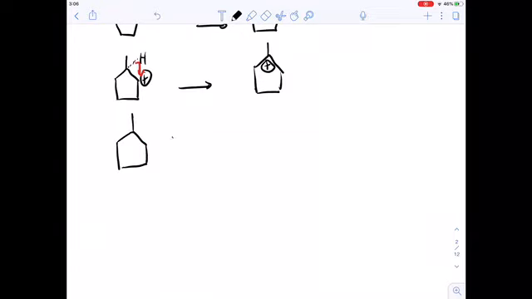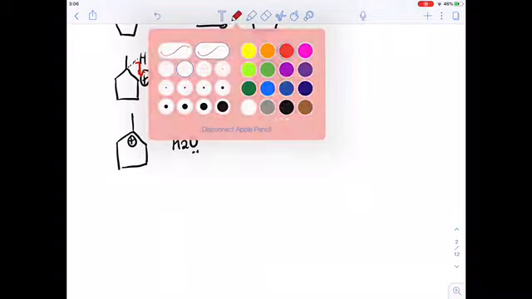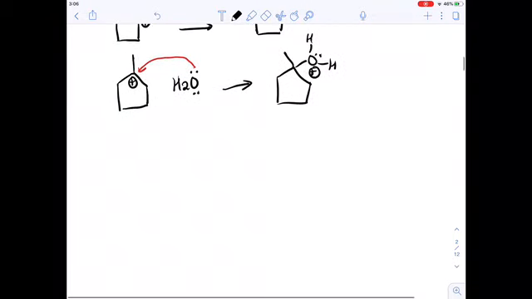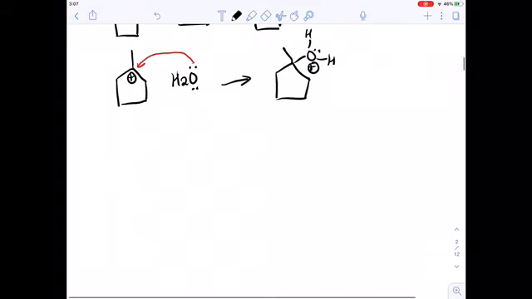Moving along, now your nucleophile, H2O, is going to attack. And for the last step, you're going to deprotonate your H2O because you don't want it to stay that way, because H2O is a good leaving group, so it'll pop back off.